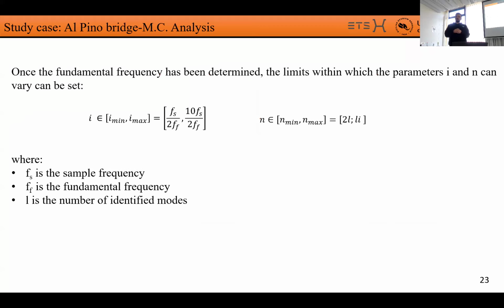Then I defined the bounds in which the time lag and the model order could vary. The lower bound is chosen in a way to obtain at least the minimum information of the structure, while the higher bound is chosen in order to not increase too much the computational effort of this phase. I mean, this is very, very high.